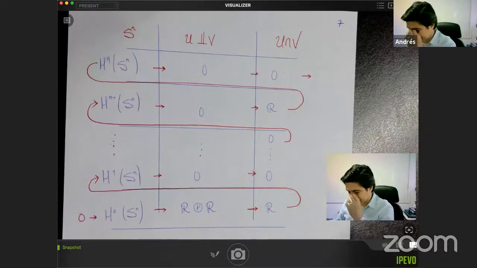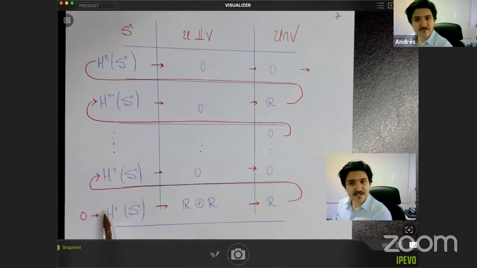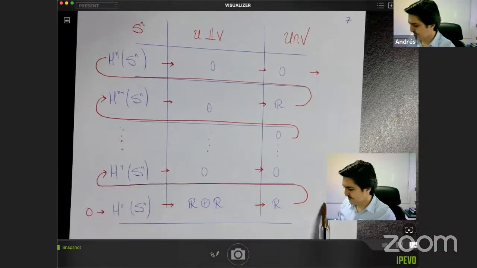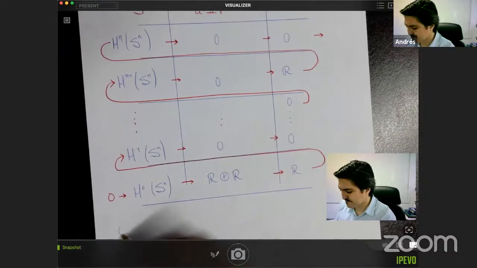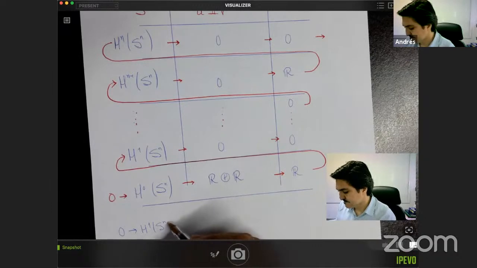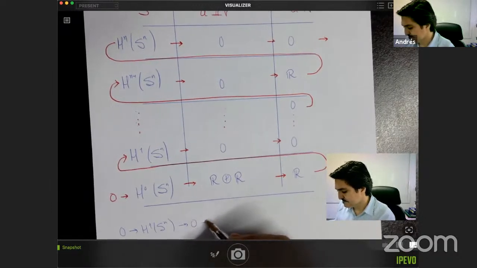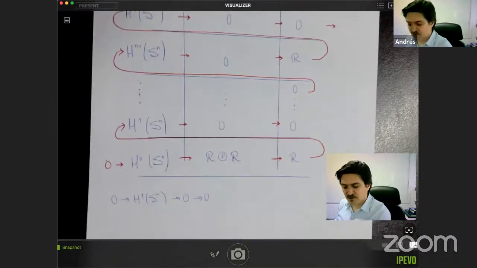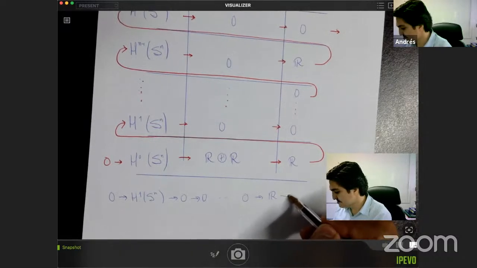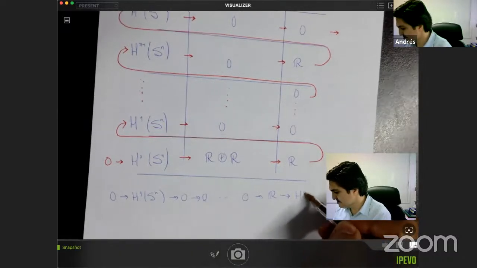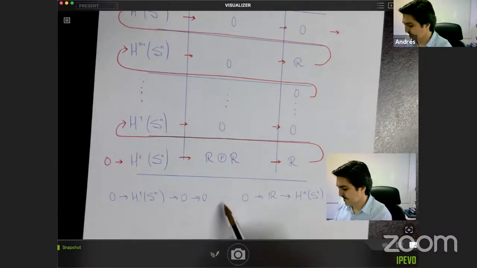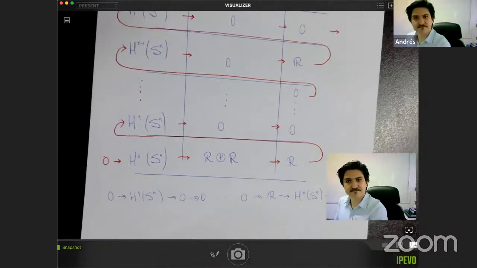In fact, we can omit this, and we can start the sequence here. Only zeros, and here zeros, right?